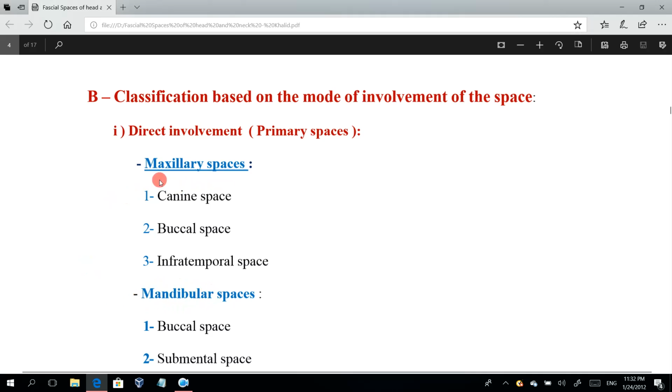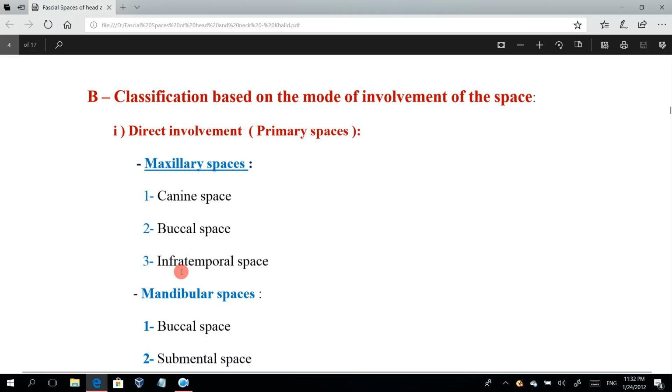The maxillary spaces include three spaces. First is the canine space, the space in relation with the canine tooth. The second space is the buccal space, in relation to the buccinator muscle, the cheeks.